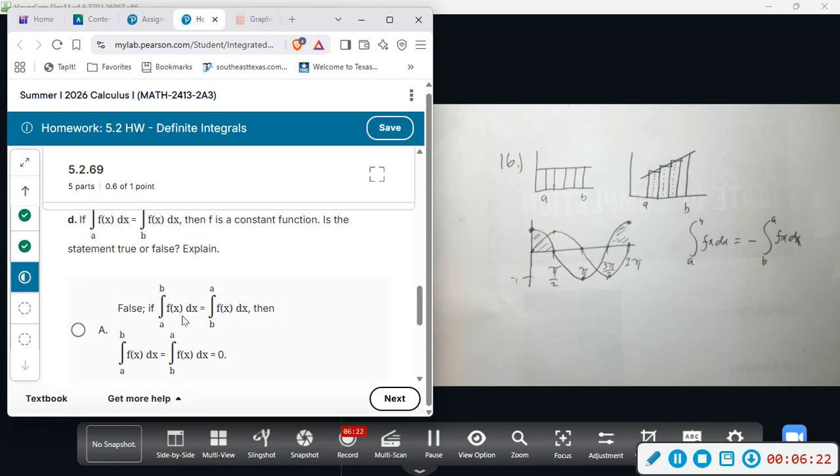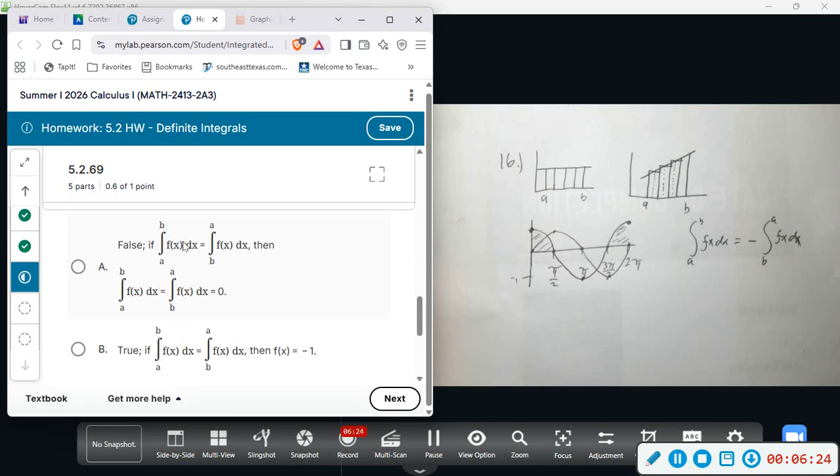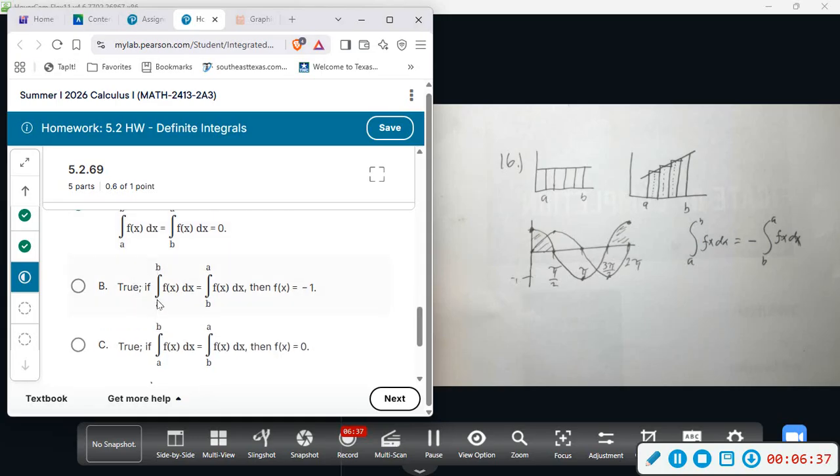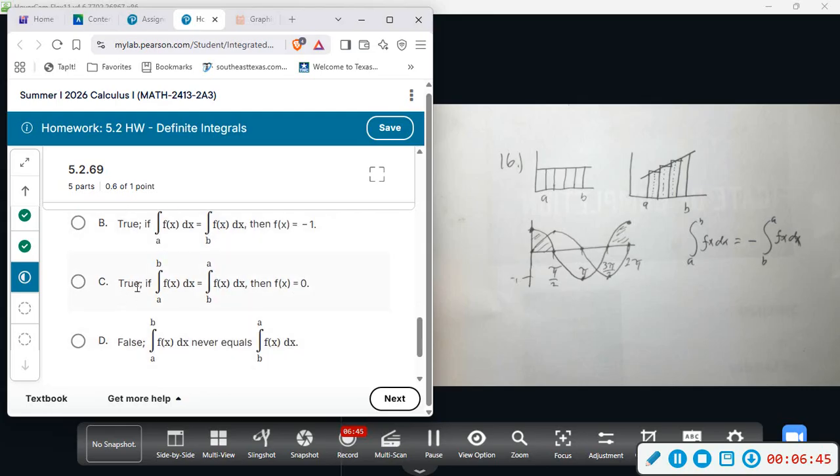This says false. If the integral from a to b is equal to the integral from b to a, then both are equal to 0. That looks good. If one is -1, the other one will be +1, so that will be different. It says true, if a to b is equal to b to a, then f(x) equals 0.